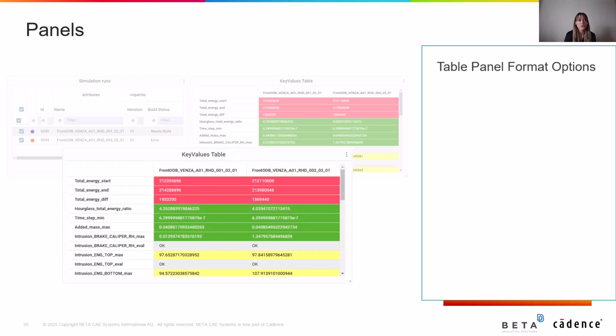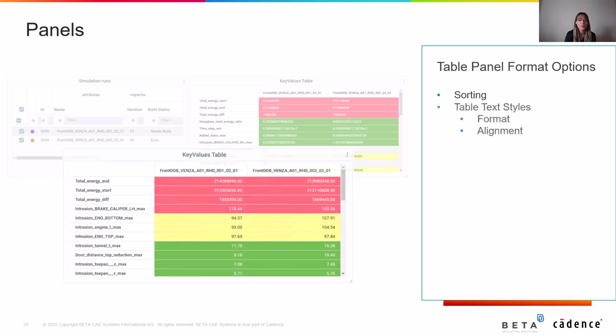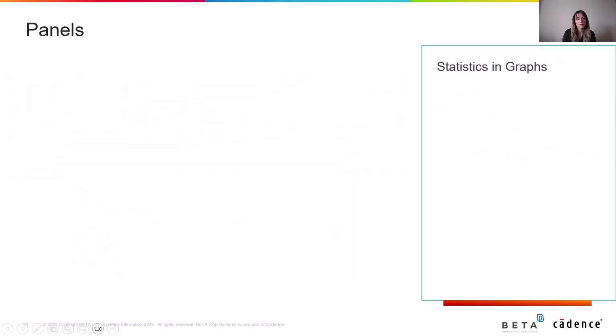For example, sorting the data rows in such a way that a table with key values shows them always in a specific order. Customize the text style for better readability, such as value formatting, alignment, and date options. New aggregators are also possible, such as sum, average, and standard deviation.